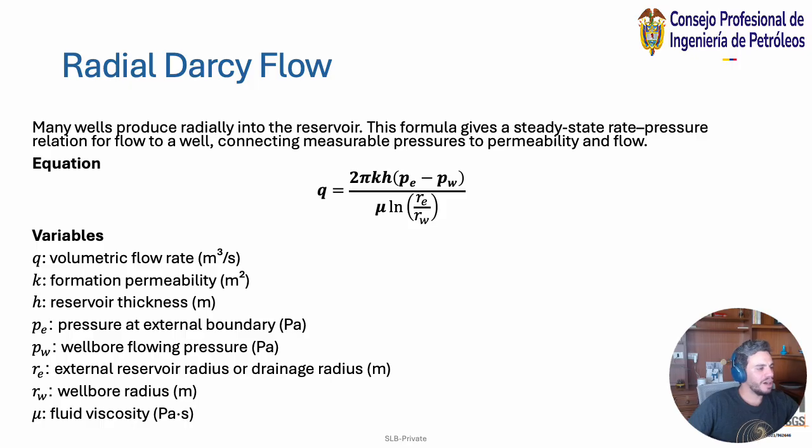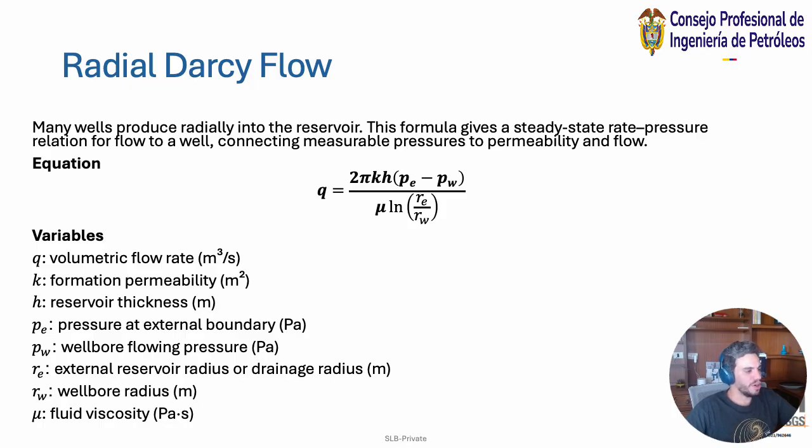So again, the dimensions will check out the same. Q is the volumetric flow rate, K is the formation permeability, H is the reservoir thickness, and PE is the pressure at the external boundary, but in a way we can just say that's the reservoir pressure at that given time or scope. PW is the pressure at the well bore, the point where the fluid is flowing into.